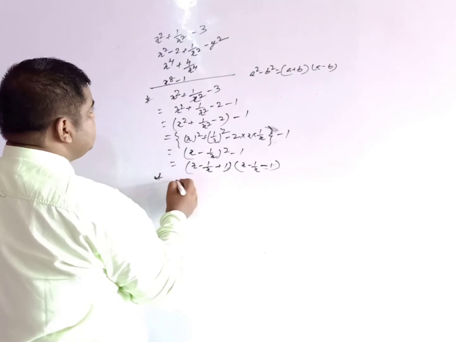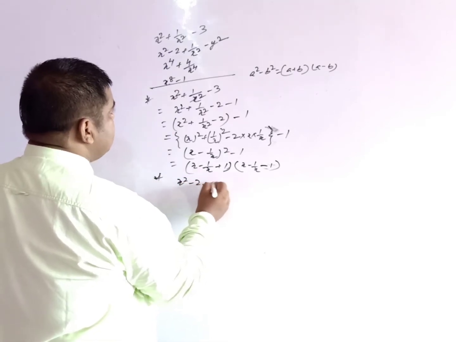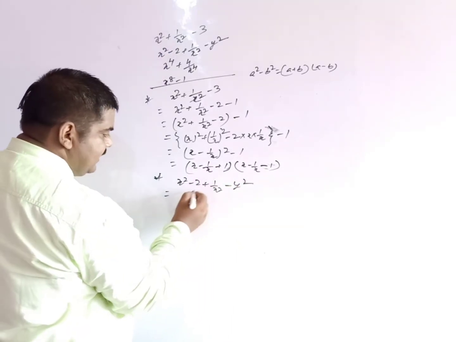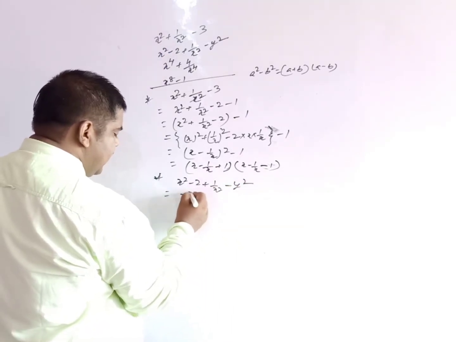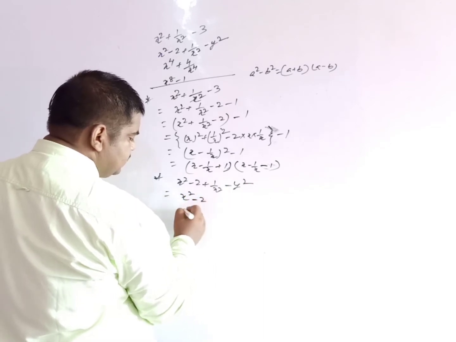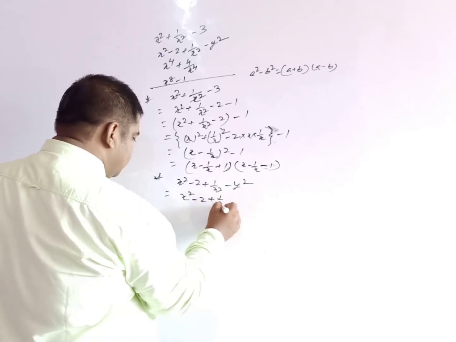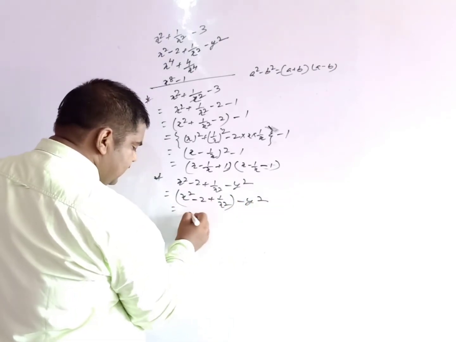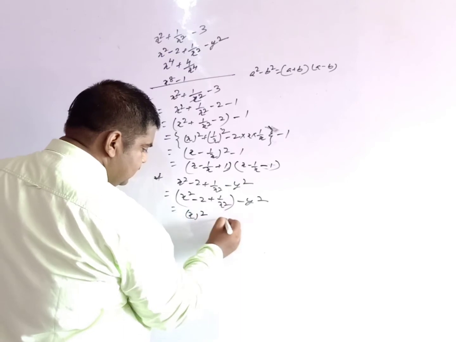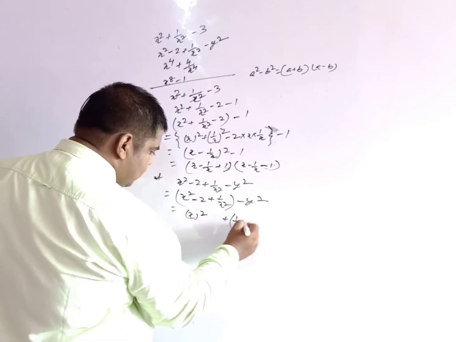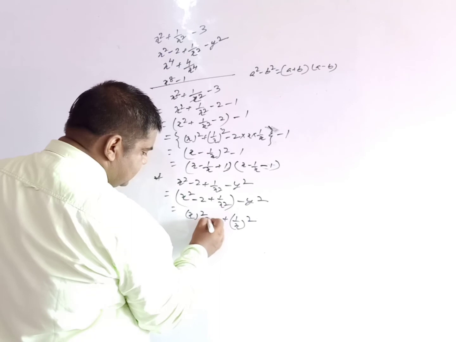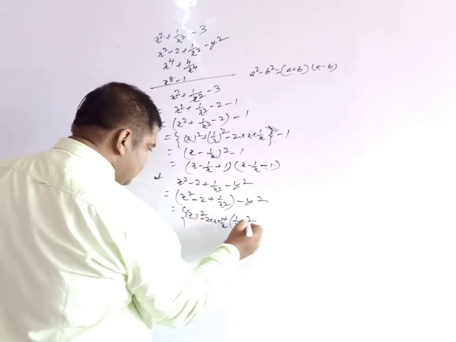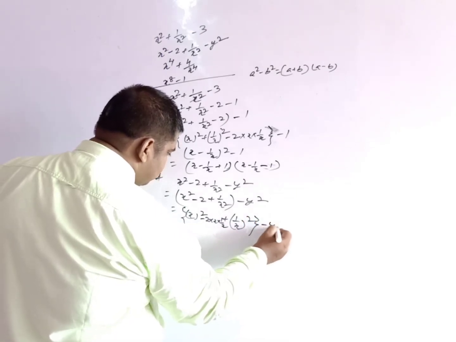The second question I have taken is x square minus 2 plus 1 upon x square minus y square. This question can be rearranged as x square plus 1 upon x square in a group, minus y square, and it can be rearranged as (x plus 1 upon x) whole square, and minus 2 can be written as 2 into x into 1 upon x, and then minus y square.